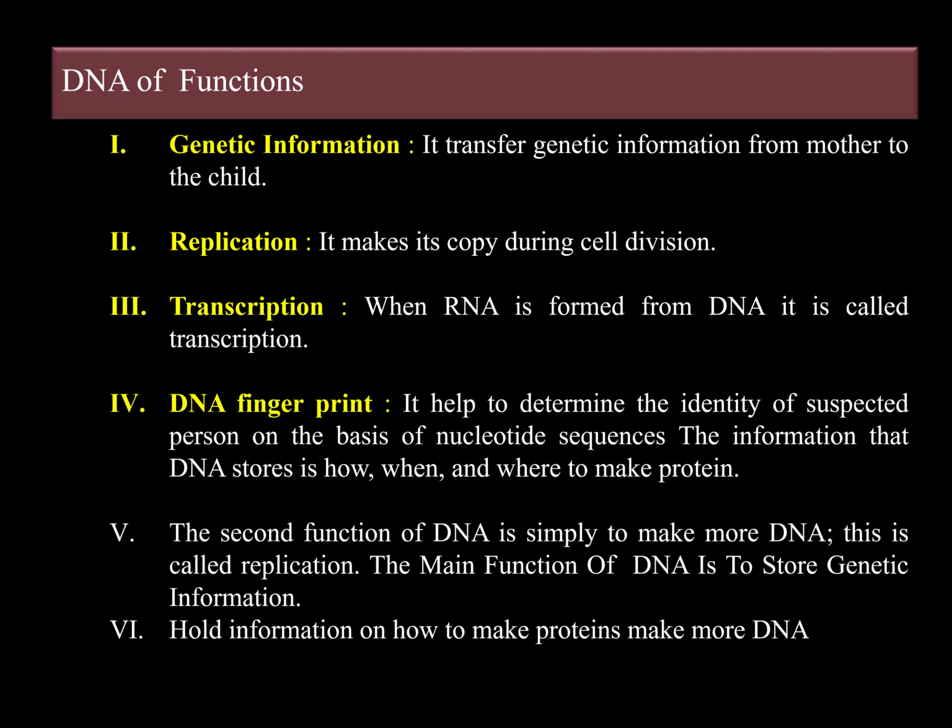The third function is transcription. When RNA is formed from DNA, it is called transcription. This RNA then helps in protein synthesis. So DNA is the master control molecule for heredity and protein production.